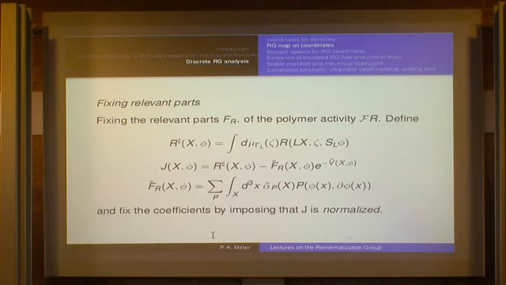We fix the coefficient alpha p by imposing that J is normalized.